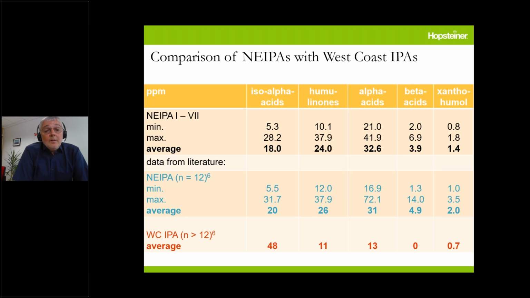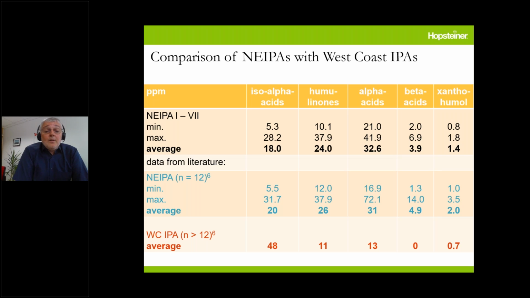Let's discuss this. The iso-alpha acids are higher in West Coast IPAs because more hops are added during wort boiling, so the conversion from alpha acids to iso-alpha acids results in considerably higher concentrations. In the West Coast IPA, iso-alpha acid content is only dependent on the hopping rate during wort boiling.